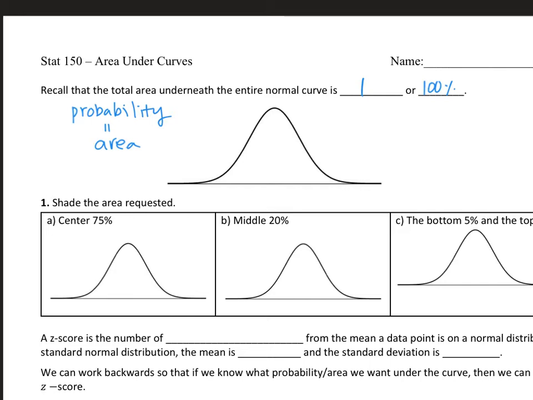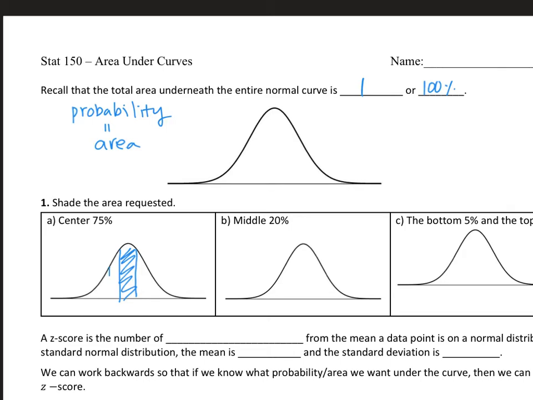For 75%, I want to pick two points right in the middle here. Let's say I did something like this. I'm like, okay, if the entire area is 100%, do I think this is like 75%? Maybe this is not even half. So maybe this is too small, because 75% is bigger than 50%. So it has to be more than half.